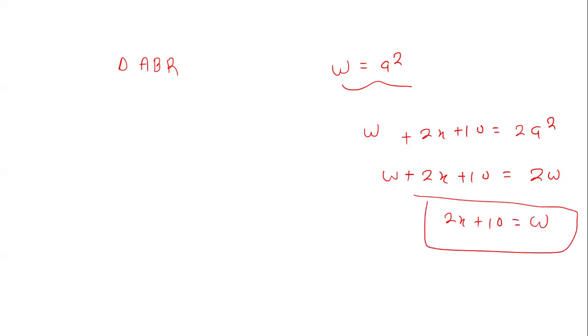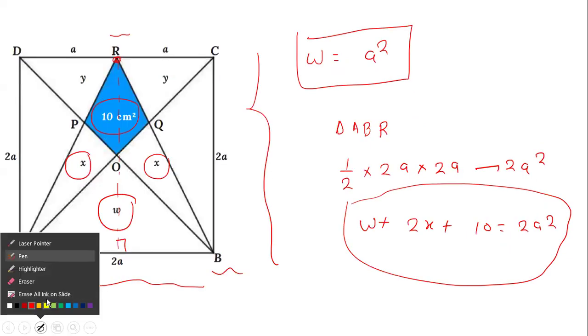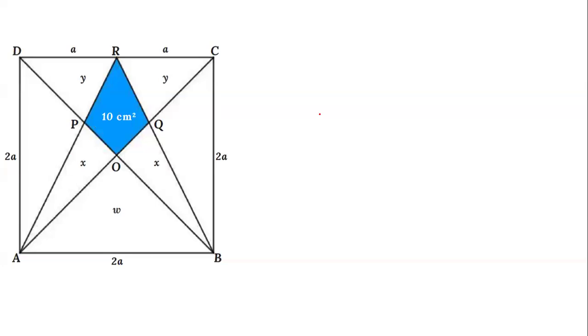Similarly, you can also consider these two triangles, triangle AOB and triangle COD. We know that this is the triangle AOB and this is the triangle COD.